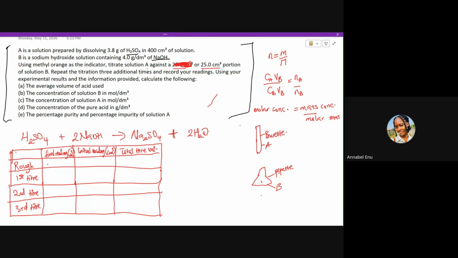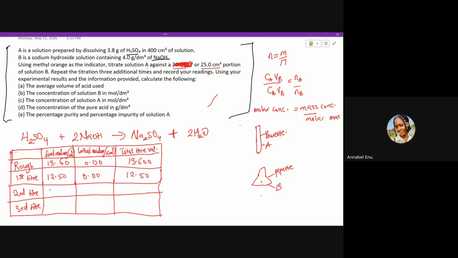Okay, now for our rough, so we have 13.6. These are formulated values that you might also find useful yourself. And then for our first, we have 12.50, and let's say we have 0.00, and let's say we have 20.50.